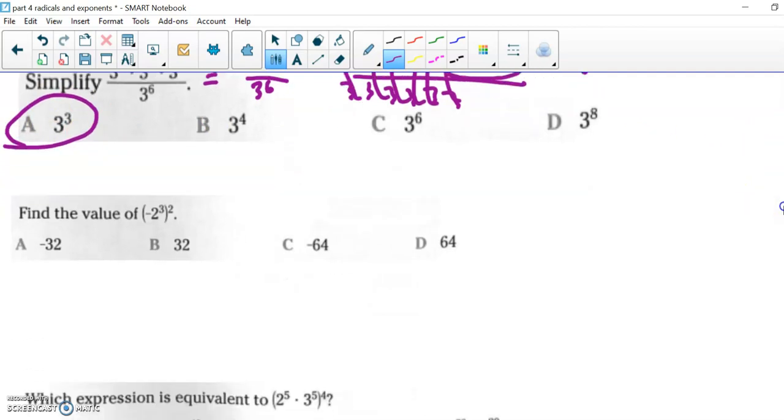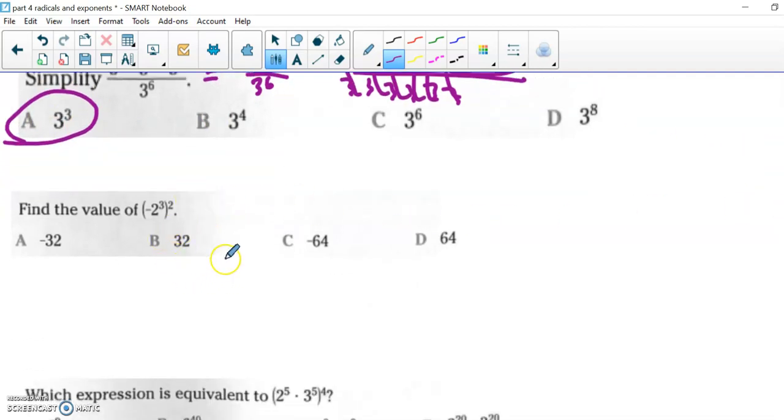Okay, this one, they're looking for a number. So I can simply enter it in my calculator just the way you see it. Open parenthesis, -2, don't use a minus, use the negative sign, up arrow 3, close parenthesis, up arrow 2, press equals, and it's going to give me the answer. Or our exponent rules say when you have an exponent to an exponent, you multiply.